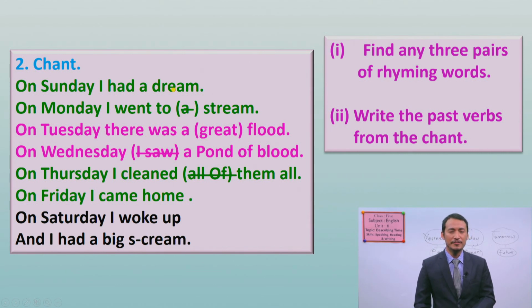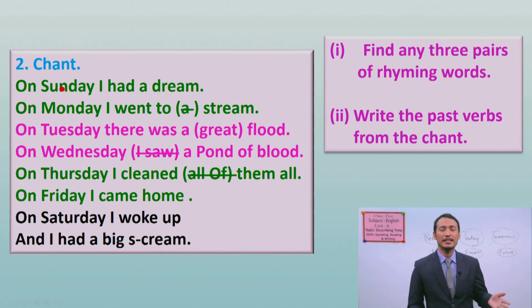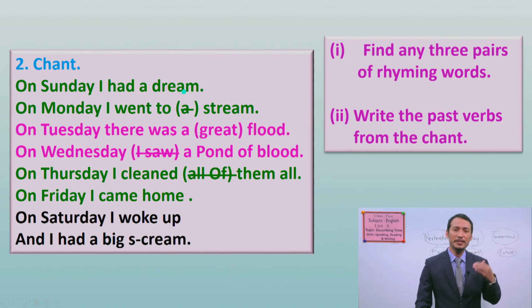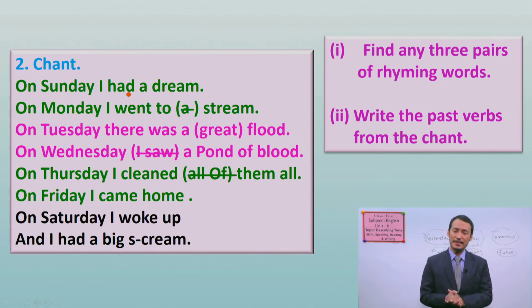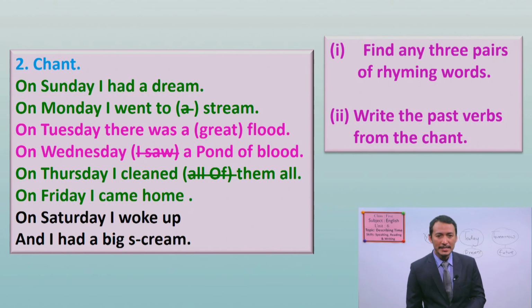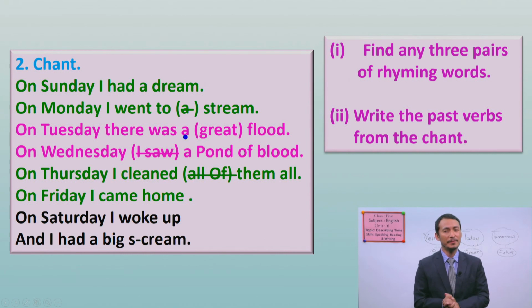Is dream a verb? No. Sunday is a name of a day, and dream is another name for when you see something while sleeping. And had is a verb, this one is the verb, okay? So it is in the past form. Likewise, here went is another verb, and was. Likewise, we have these verbs in the past. Now can you list them?